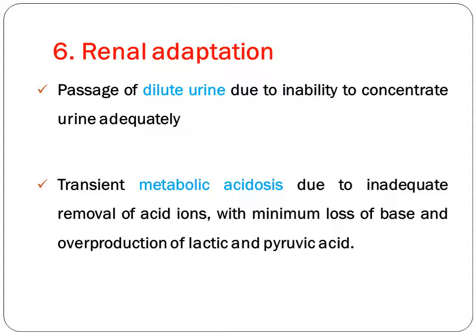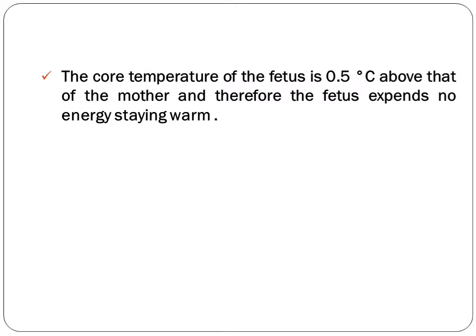But because the kidney is still not fully functioning, these acids like pyruvic and lactic acid will start to accumulate inside the body, leading to a state of transient metabolic acidosis. The second point which also leads to metabolic acidosis is that the kidney is not able to keep all the bases, so the neonate starts to lose some bases in the urine, which also increases this metabolic acidosis.